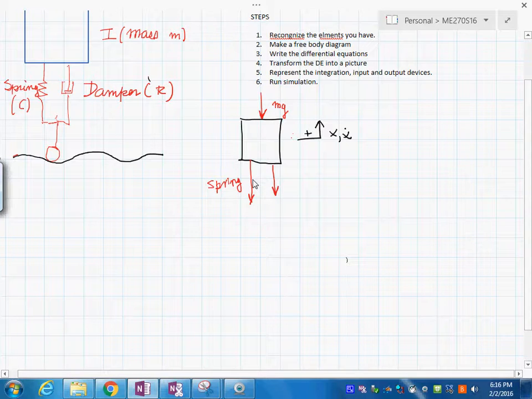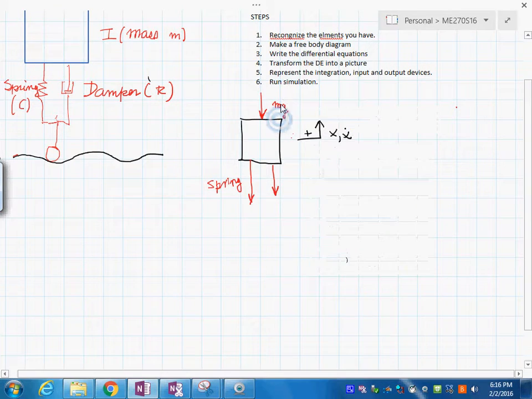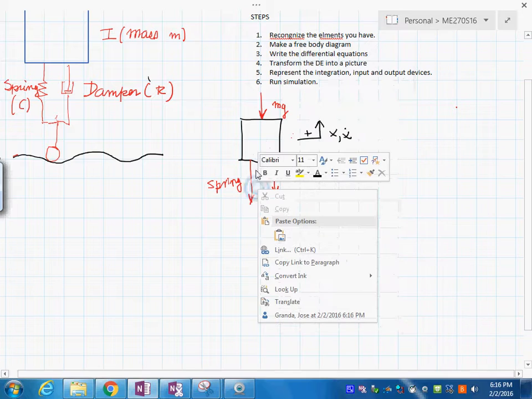Both are going down because what we're doing is moving this up a little bit, and when we move up, this pulls down.